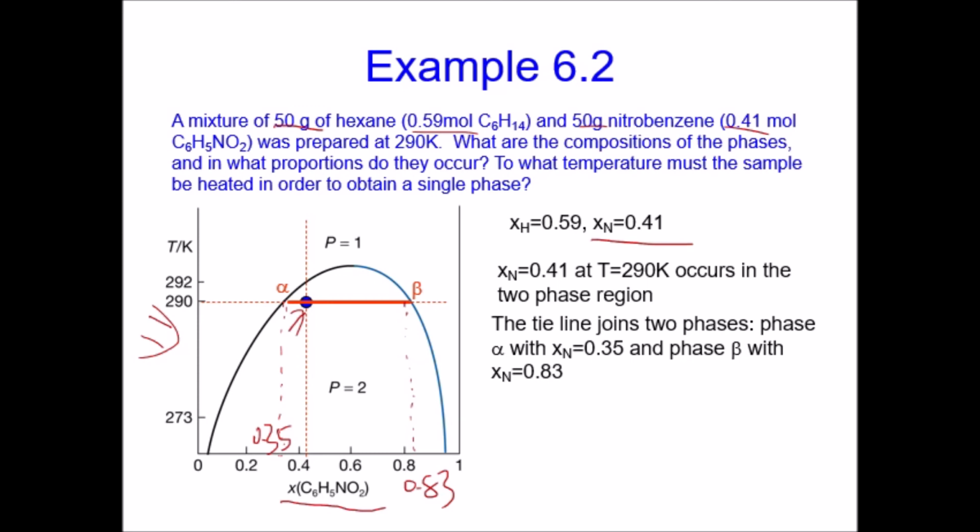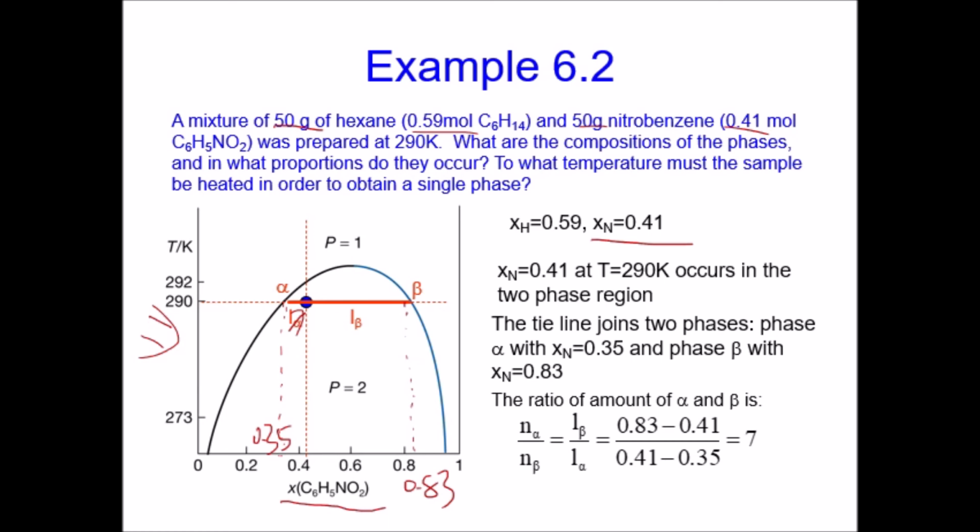So the question now is, in what proportion do they occur? And for that we need to use the lever rule. So n alpha times L alpha equals n beta times L beta, and therefore we have the ratio n alpha over n beta equals L beta over L alpha.